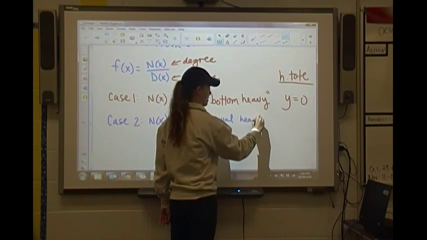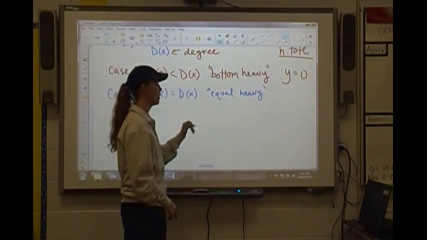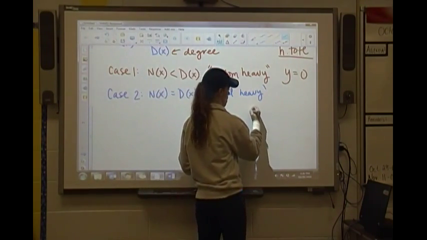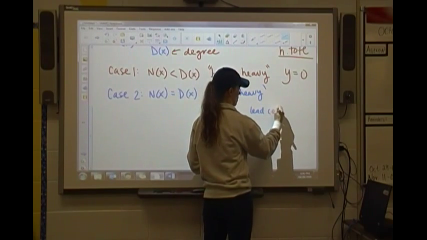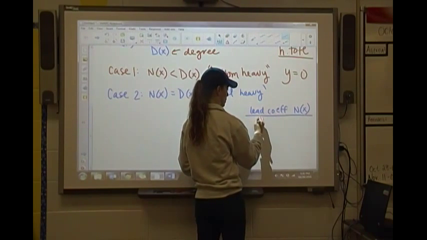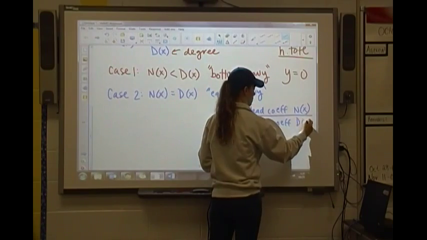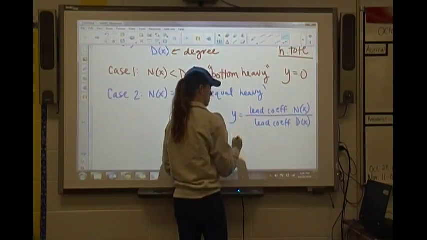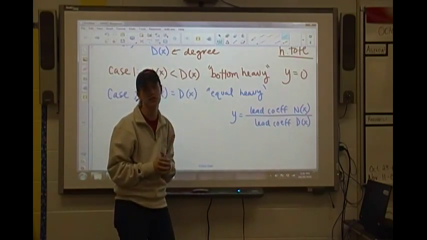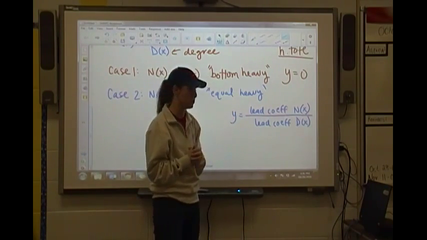If it's equal heavy, the horizontal asymptote is the leading coefficient of the numerator over the leading coefficient of the denominator. So our asymptote will be wherever that is. Let's say the coefficient of the numerator is 2 and the denominator is 1, then the value will just be y equals 2, because 2 over 1 reduces to 2.